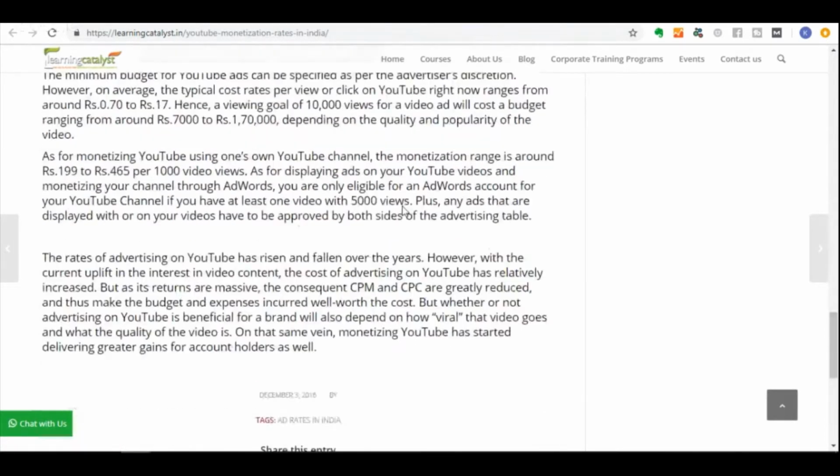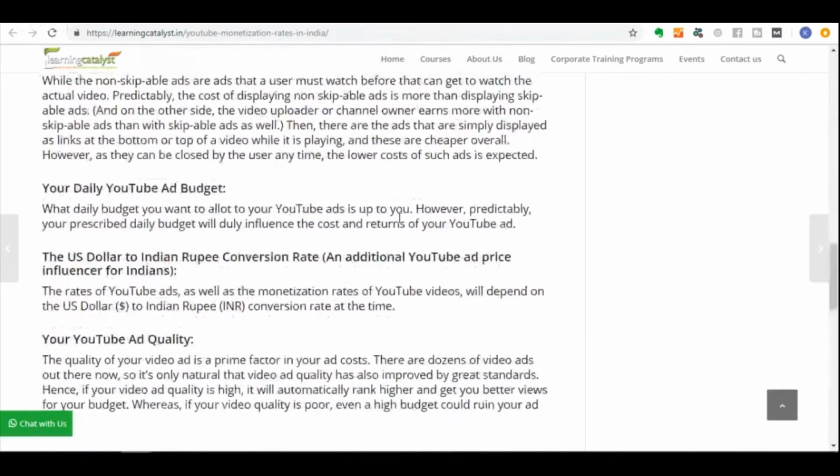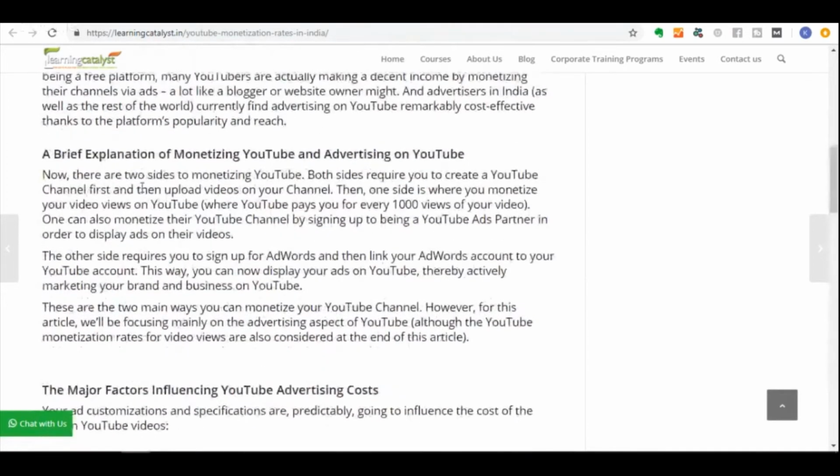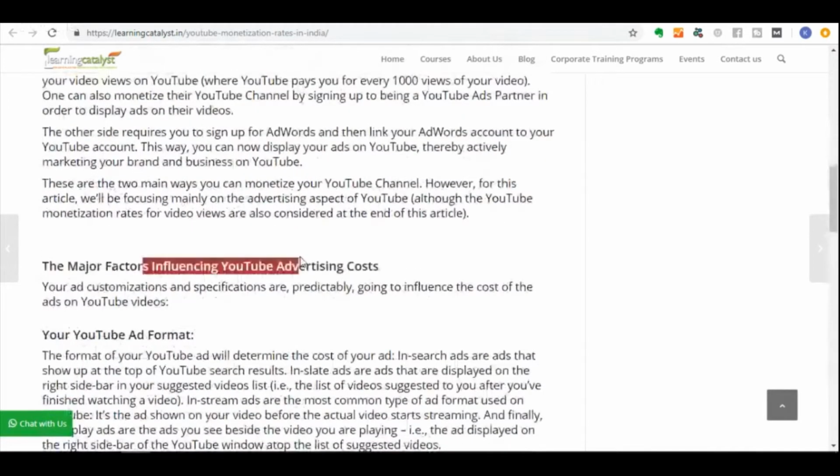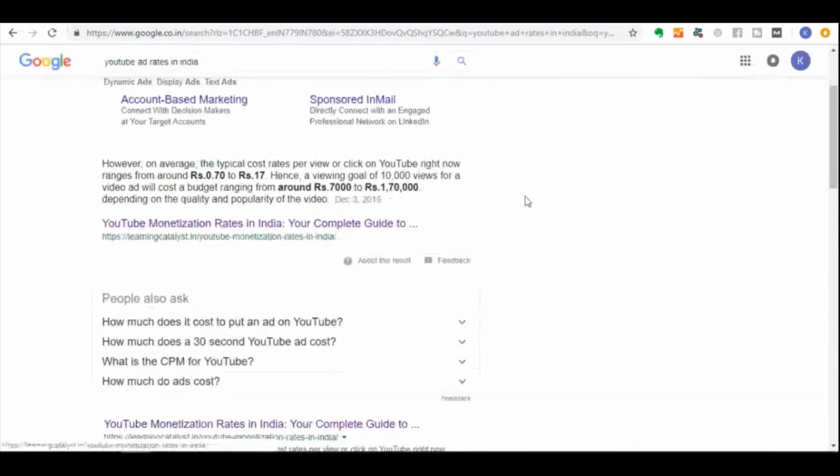But you're also telling him other things which are going to help him in his decision, and that's a good thing. You're trying to match the intent of the person, and that's why you see the Learning Catalyst site right on the top here.